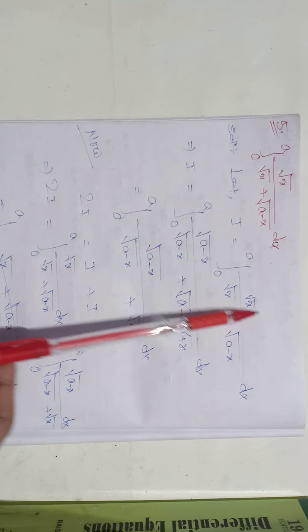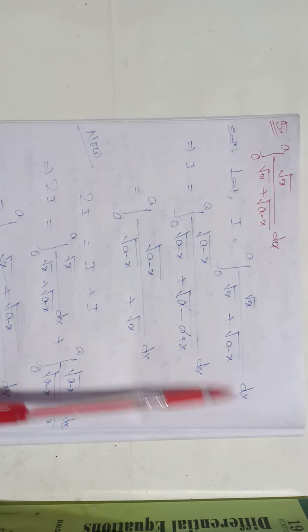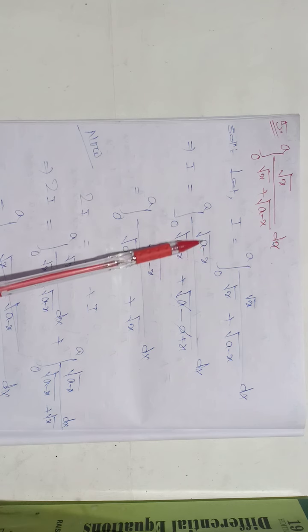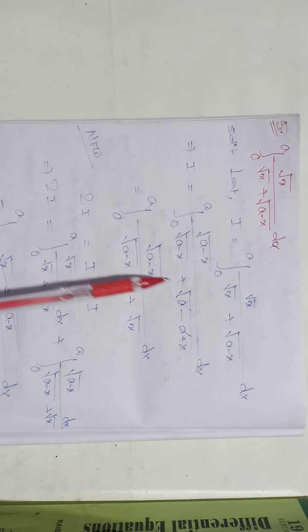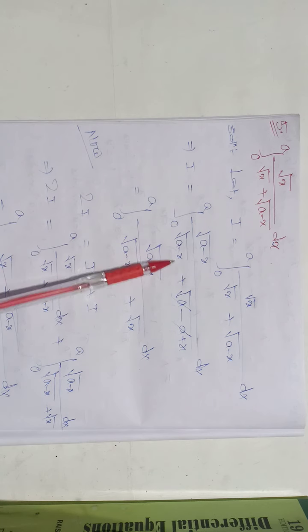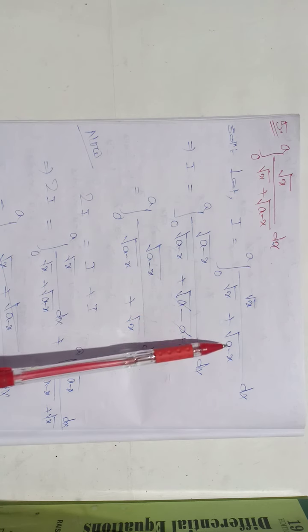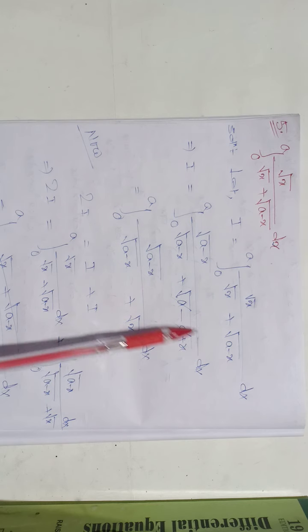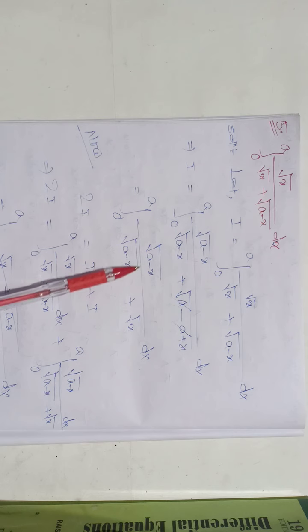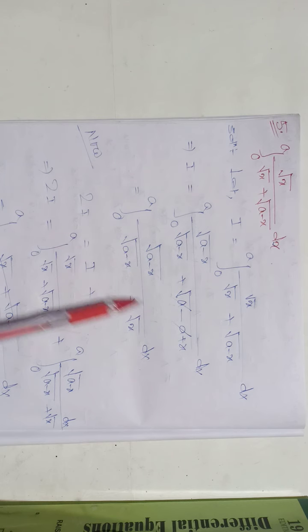So I equals the integral from 0 to a of root of (a minus x), in place of x we put a minus x, so a minus (a minus x) gives x, so root of (a minus x) by root of (a minus x) plus root x.